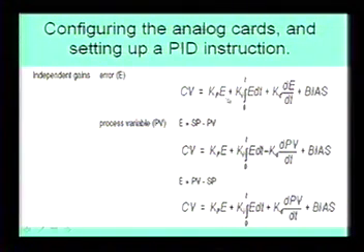So if you have a PID, that's what this is. KP is your proportional gain times your error, plus KI times the integral of your error, plus KD times the derivative of your error, plus your bias. That's how you read that.